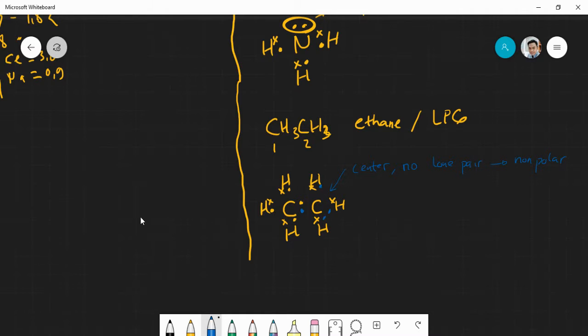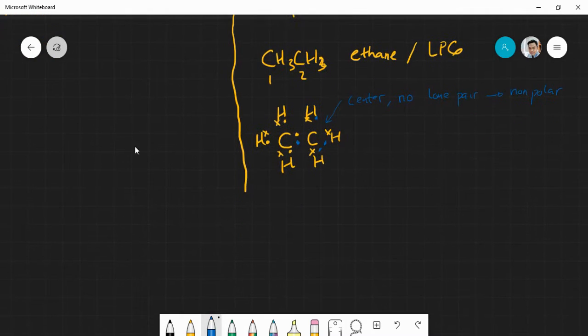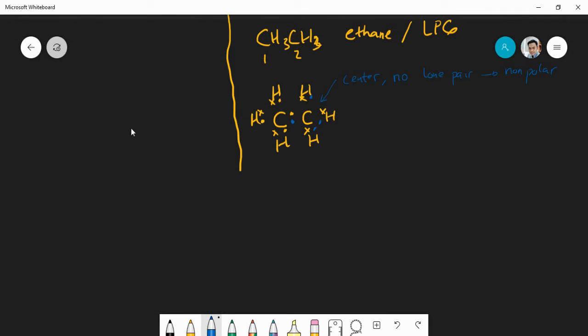Actually, one structure can have two possible features. They can be both polar and non-polar. How is that possible? Well, let's see. If I have, for example, let's say I have propanol.